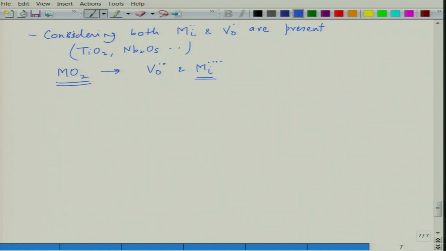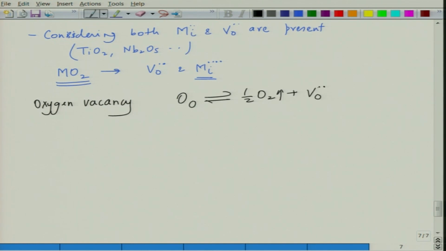Let us say we have defect reactions. We write the defect reactions, first for oxygen vacancy. Oxygen at an oxygen site goes out of the system. This creates a vacant oxygen site, plus this gives rise to 2 electrons.